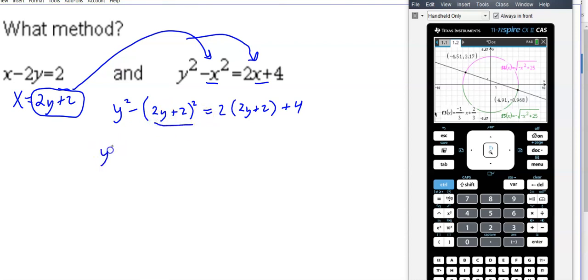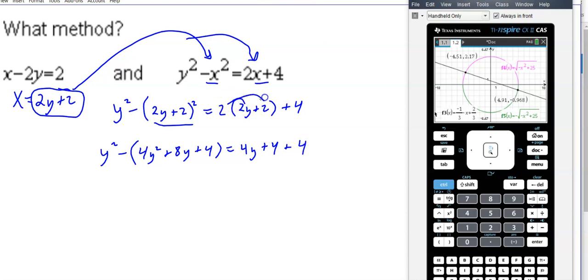So it's going to be y squared, and this is in parentheses. If I FOIL that, it's going to be 4y squared plus 4y plus 8y plus 4 equals 4y plus 4 plus 4.